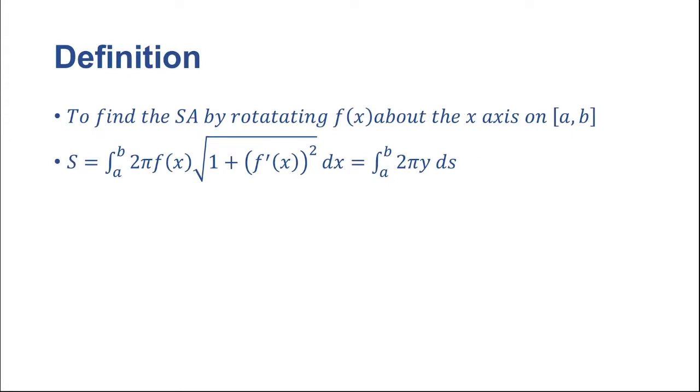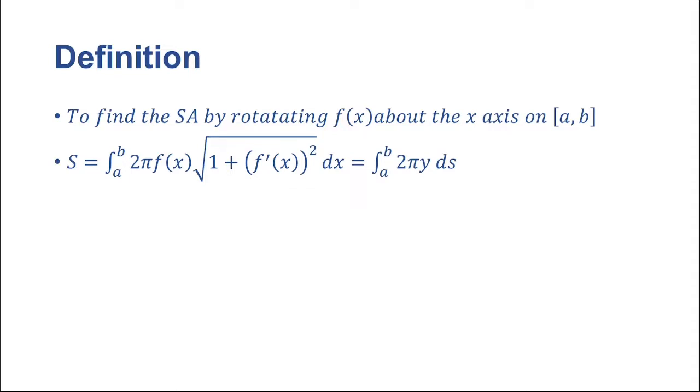So let's talk about the definition. To find the surface area by rotating f of x about the x-axis, and just so you know, this goes for the y-axis as well, just by changing some differentials around, on an interval between a and b, the surface area is going to be equal to the integral between a and b of 2 pi times f of x times the square root of 1 plus f prime of x squared dx.